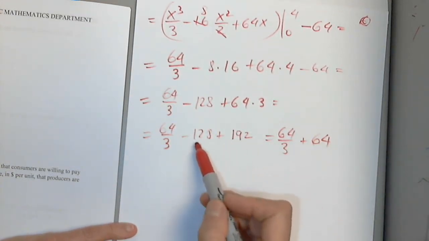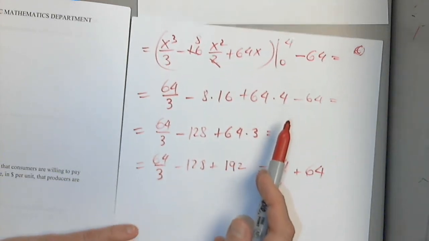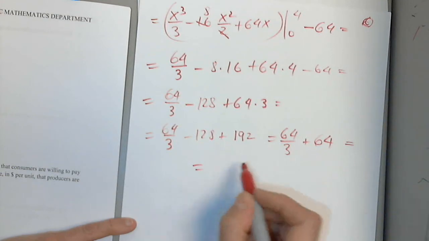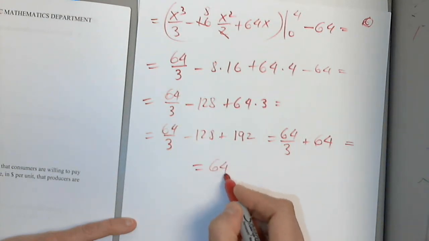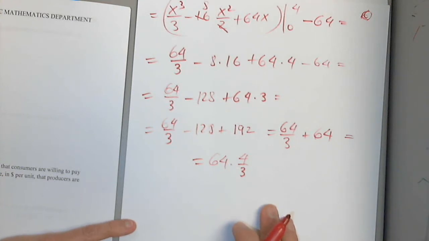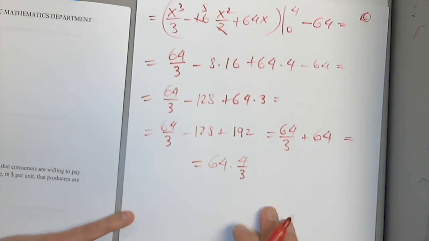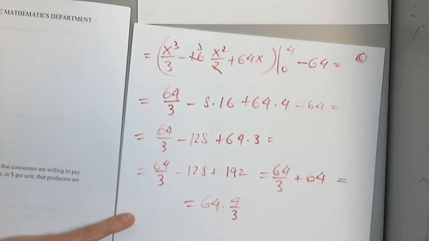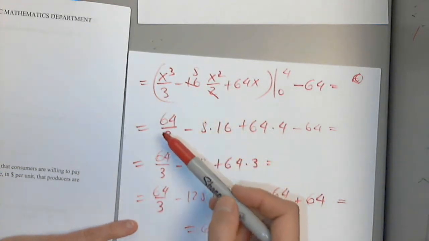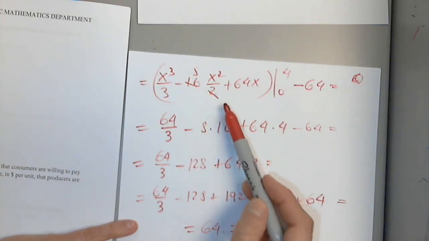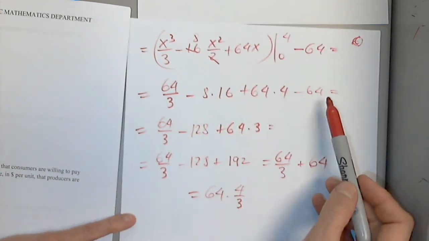Was it minus? No, that's fine. So it's 64 times 4/3. I'm checking my numbers. 8 times 16 plus 64 times 4 minus 64.